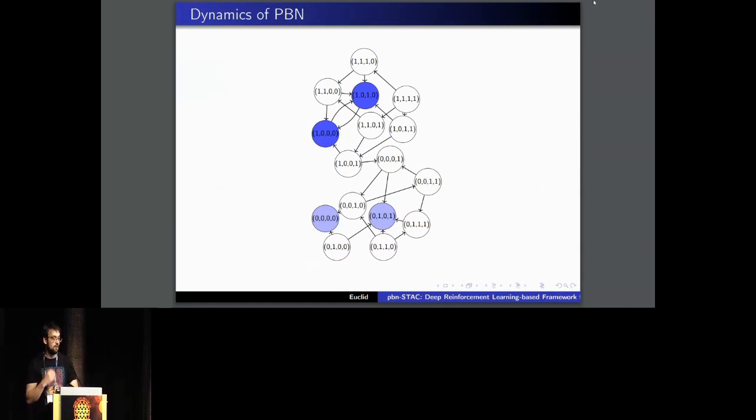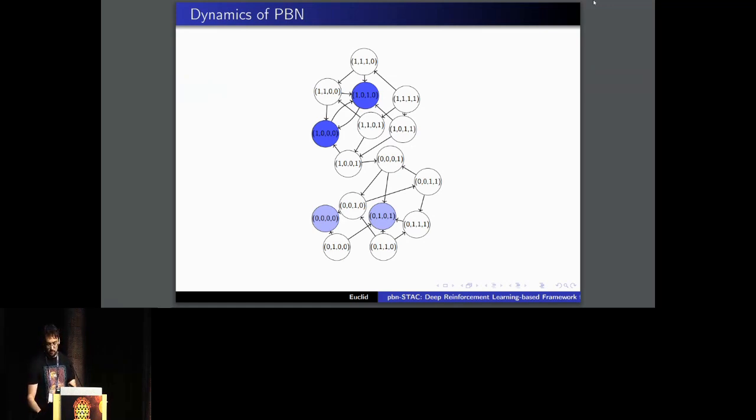And we are interested in the attractors of this graph. The interesting thing is that there are always some attractors. They can be single state, like the two blue ones in the bottom, or we can have a multi-state attractor, like this dark blue one in the top.